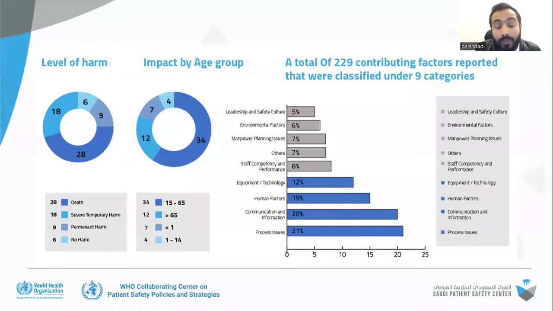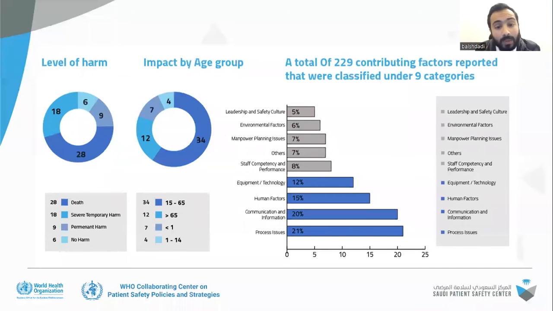And this is really important. Whenever you are doing your RCA, you need to break down your analysis and your report to know exactly where the pain exists. Is it a process issue? A communication or information issue? Is it a human factor, manpower, or planning issue, and so on?